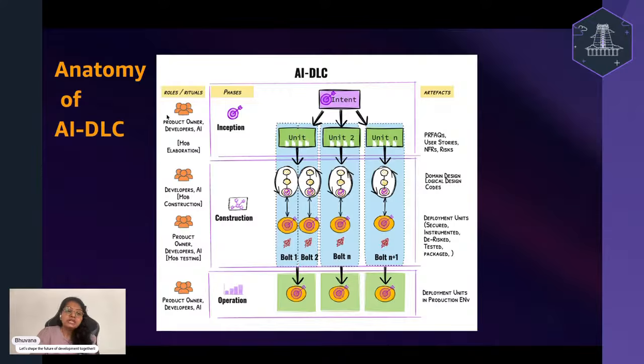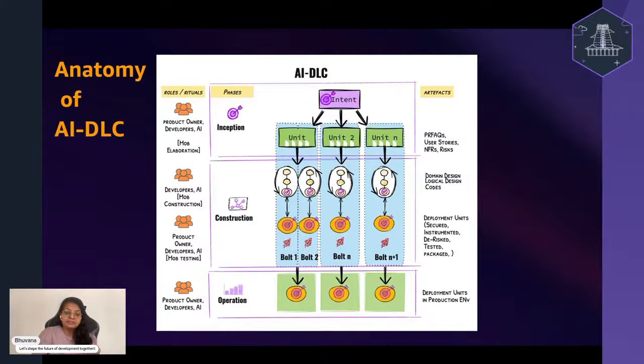So here, if you see roles, product owner, developer, AI, they all sit together to take it from a business ambition to user stories and to the unit of work. That process is called mob elaboration. Mob elaboration is like a bunch of experts huddling together, brainstorming, and then working closely.